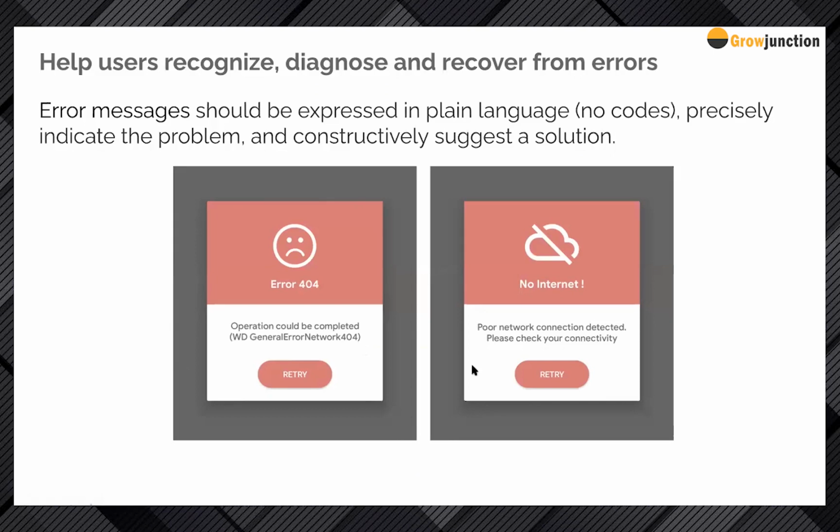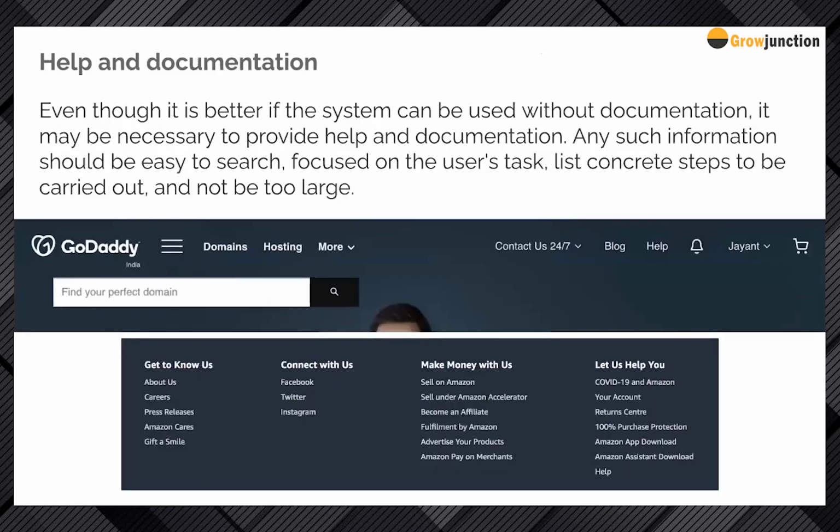So let's say here we show the error message that poor internet connection is detected. Please check your connectivity. And we should always have a call to action through which the user can, let's say this page is not accessible to you, go to the home page. So that the go to home page action is there, so that the user can exit to a proper place, or he can retry that action to see if things are working fine now.